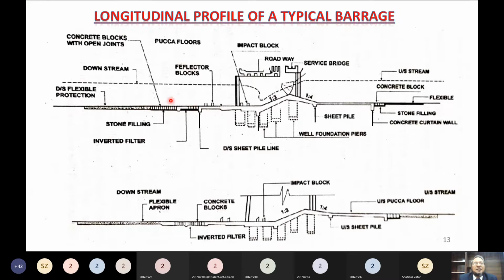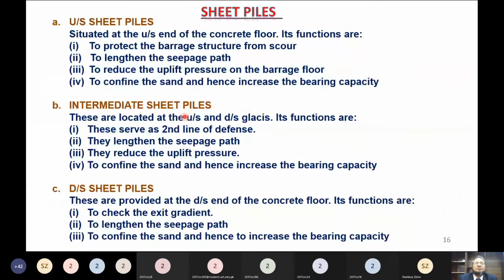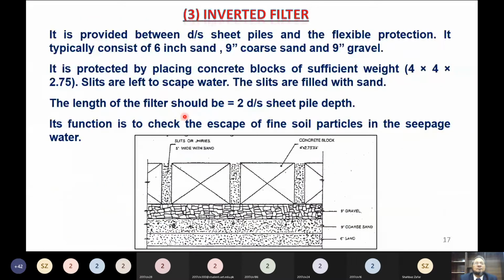So these are the inverted filters. They consist of 6-inch sand, over it 9-inch coarse sand, and then over it 9-inch gravel.